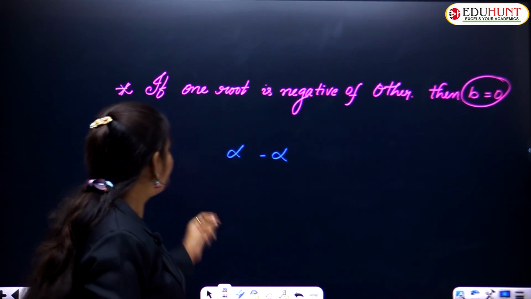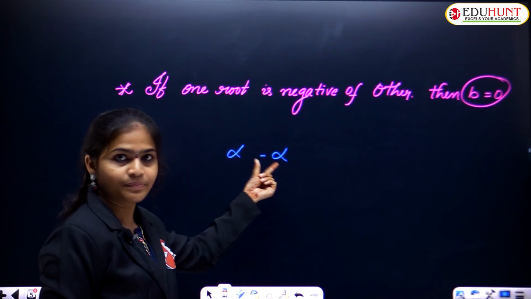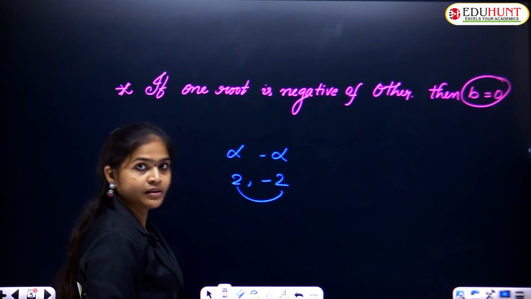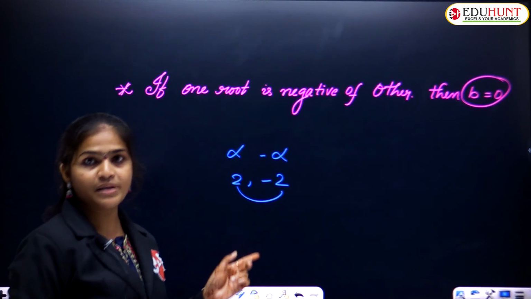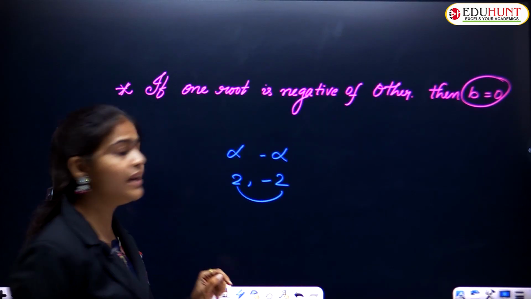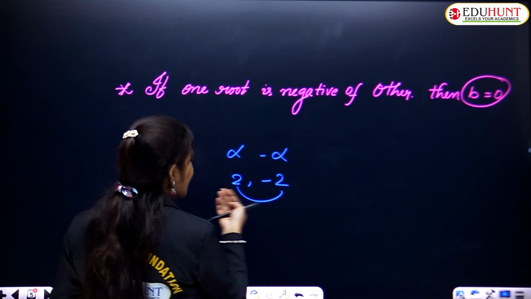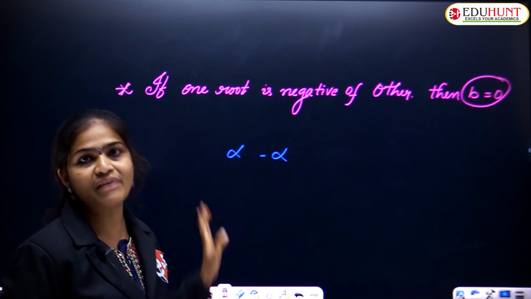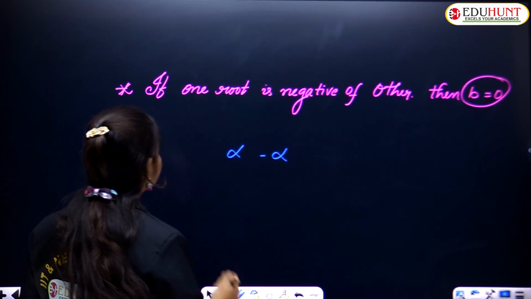So for example 2 and minus 2. So 2 and 2 are equal, but there is a change in the symbols. One is positive, another one is negative. That's why for this kind of roots, the b value is always 0. So let us see that.